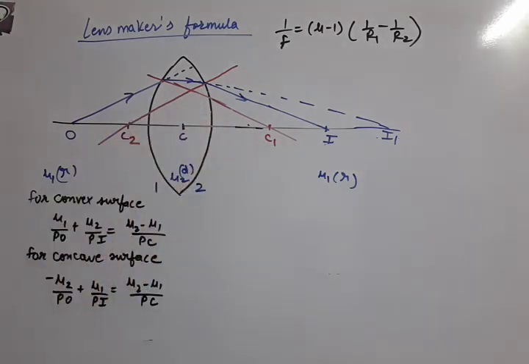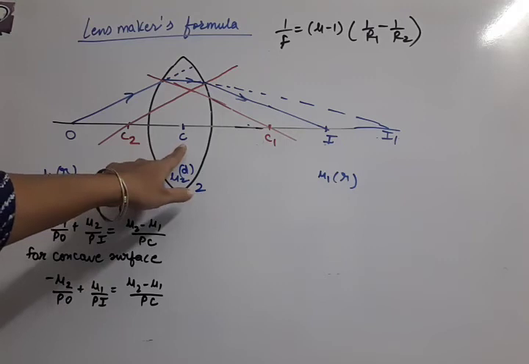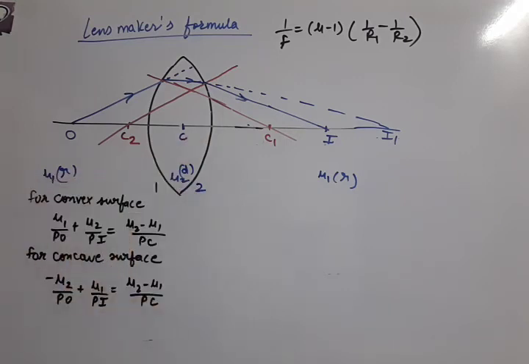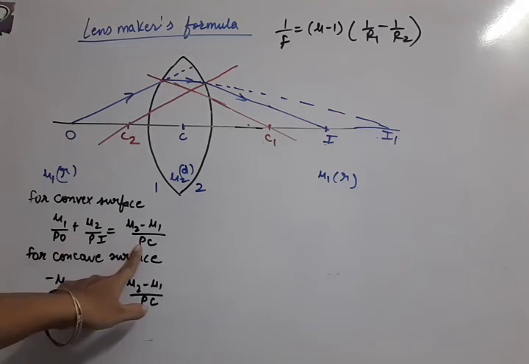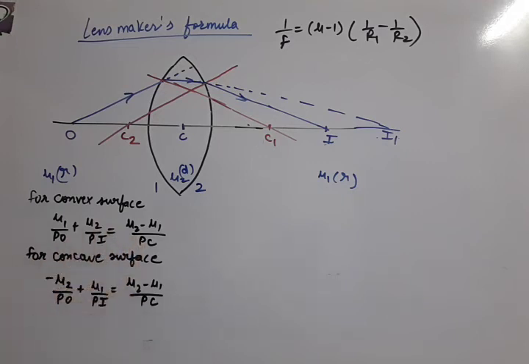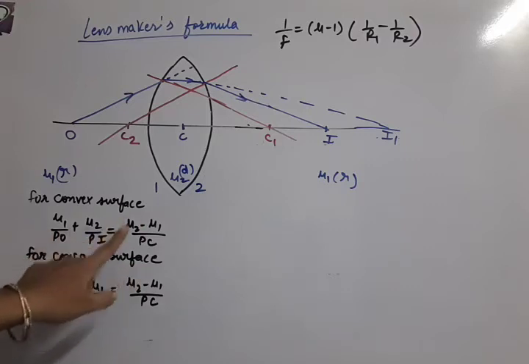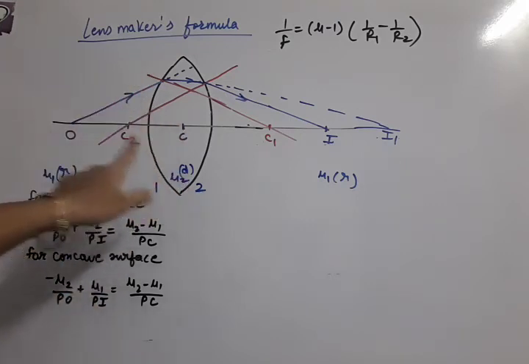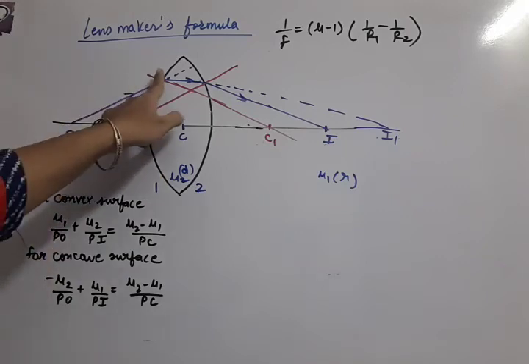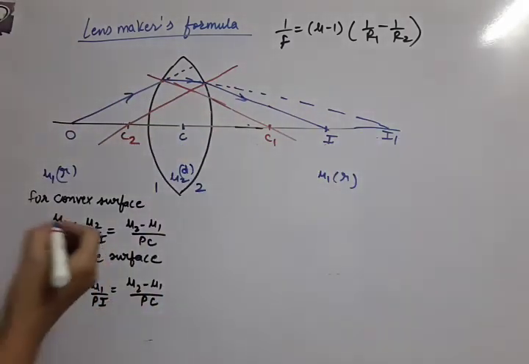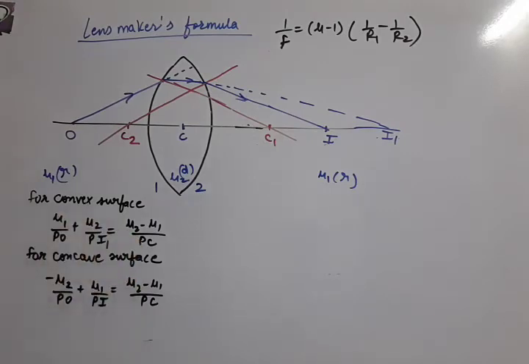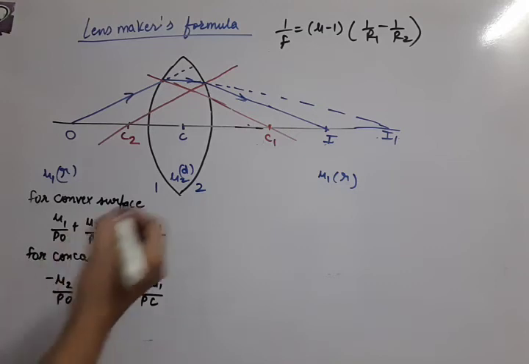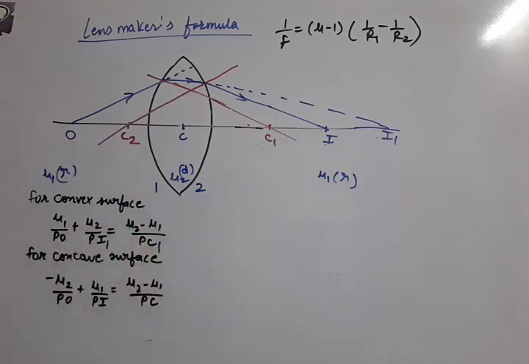So instead of poles, we write that all the distances are measured from C. So the first thing is that all the poles we replace with C. Other than that, the second thing is that for the first surface, the object is O and the image is I1, so here we will write I1. And PC means center of curvature, so for the first surface the center of curvature is C1.